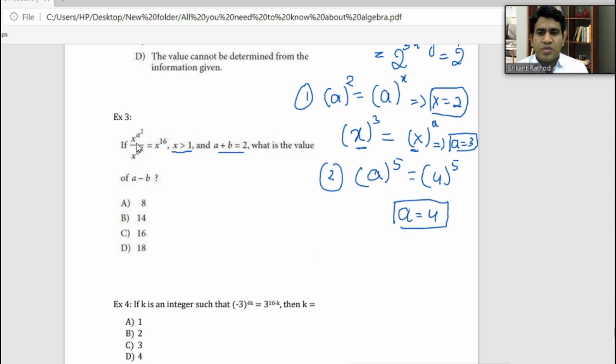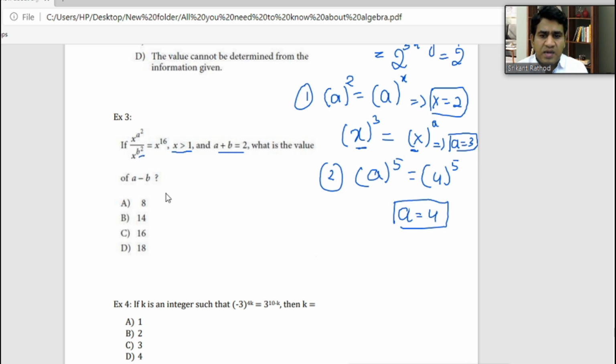Now x to the power a square divided by x to the power b square is equal to x to the power 16, and a plus b is equal to 2, they have given. So what is the value of a minus b? Now look here, in both cases the base is x, and the powers are a square and b square. It's like a to the power m divided by a to the power n, right?